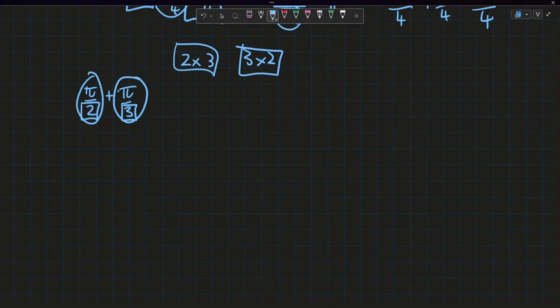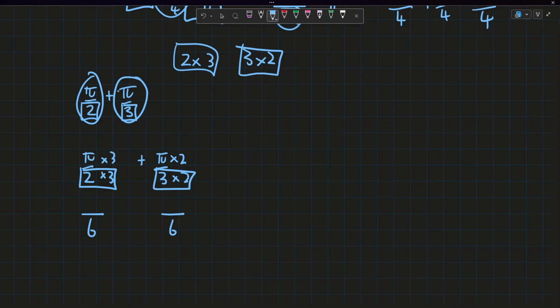I'll actually do it now. So if I get the pi on 2 and times the top and bottom by 3, and then I get my pi on 3 and I times the top and bottom by 2, this is actually all I really care about, because 2 times 3 gives us 6, 3 times 2 gives us 6, and then the top pi times 3 is 3 pi, and then pi times 2 is 2 pi, and now we have the same denominator on the bottom.